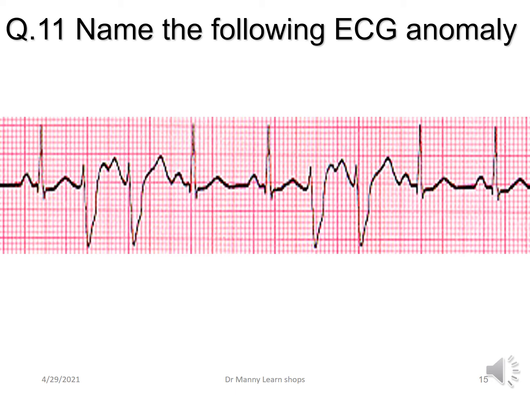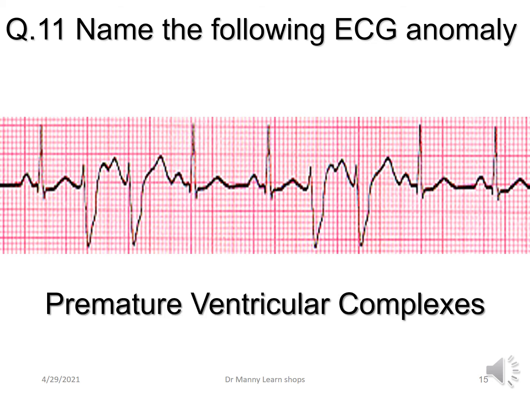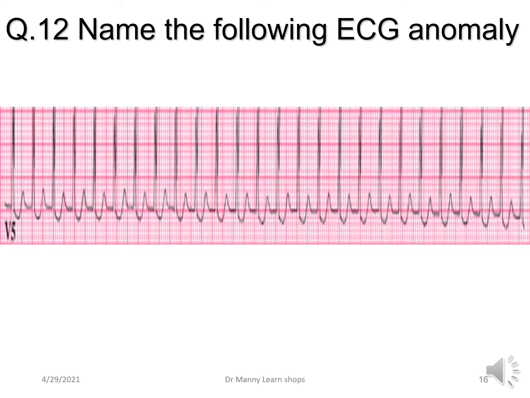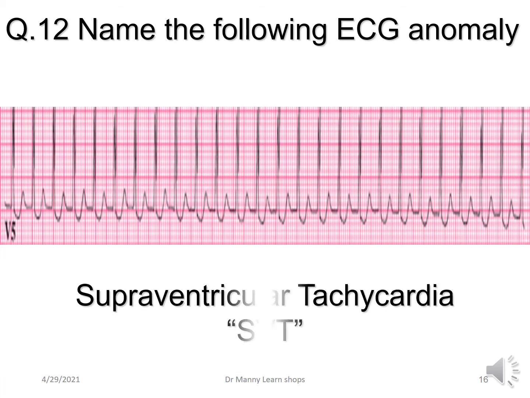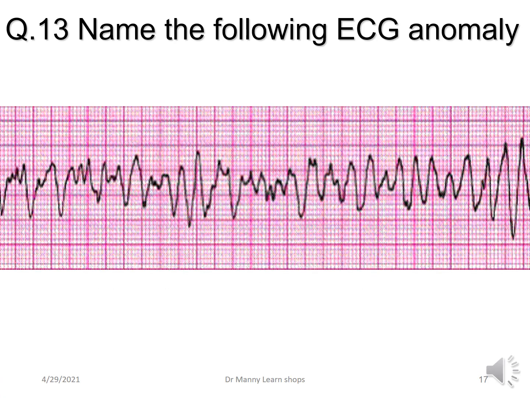What's the anomaly in this ECG rhythm strip? The anomaly is premature ventricular complexes, and these are couplet PVCs. What's this ECG anomaly? Very fast. This is supraventricular tachycardia. What about this bizarre rhythm?